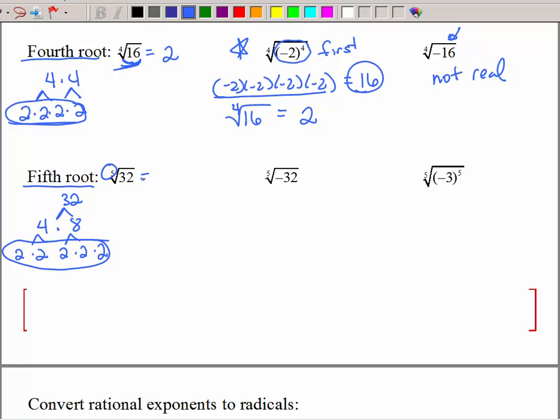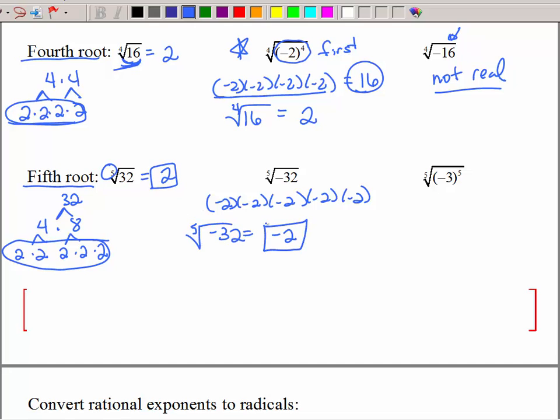The fifth root of 32 is 2. What about negative 32? Can I do that? Is it real or not real? Well, again, I have an odd amount, so if you think about it, if you have 5 negative 2's multiplied together, that's going to be negative 32. So the fifth root of negative 32 is negative 2.